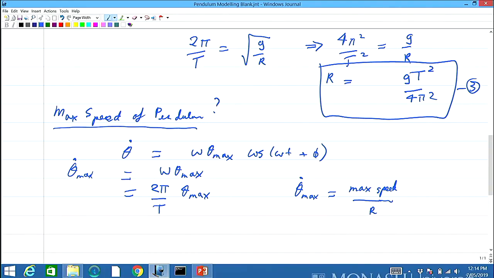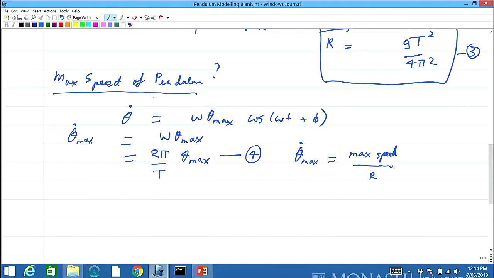All right, so we can now substitute that in this equation here, which is 4. So we are measuring the maximum speed. Hopefully we can then derive theta max is equal to T times theta dot max divided by 2 pi.